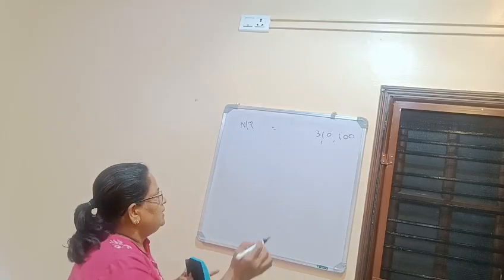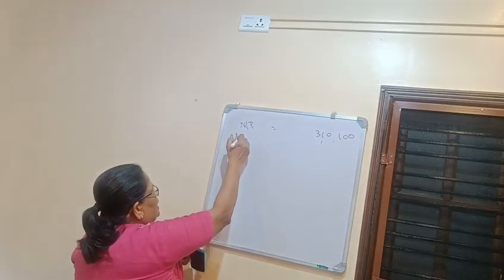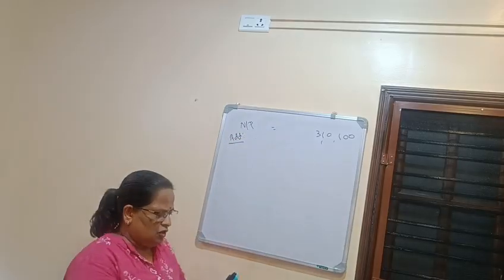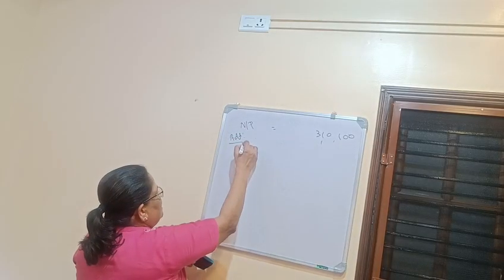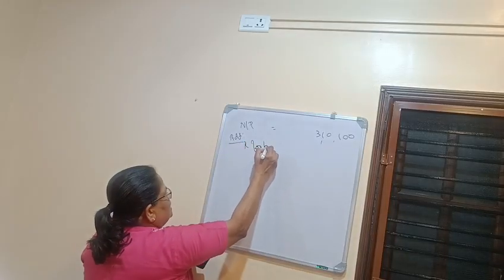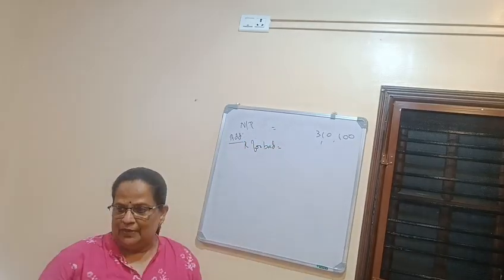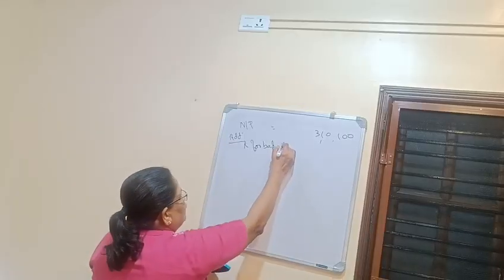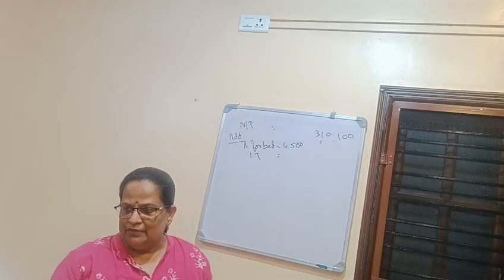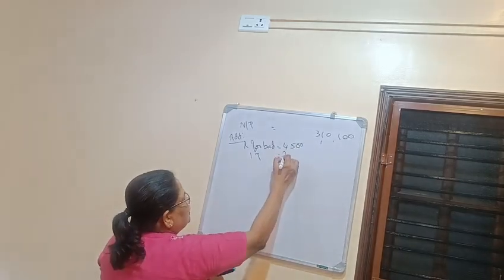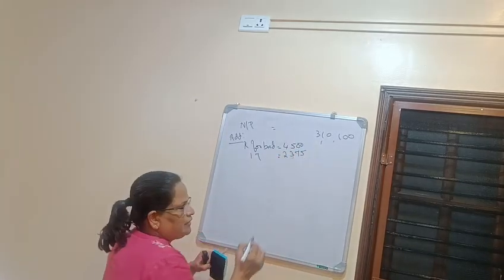Net profit value, title should be there, and expenses which are not allowed. One is reserve for bad debts, the value is 4,500. Income tax 2,375.